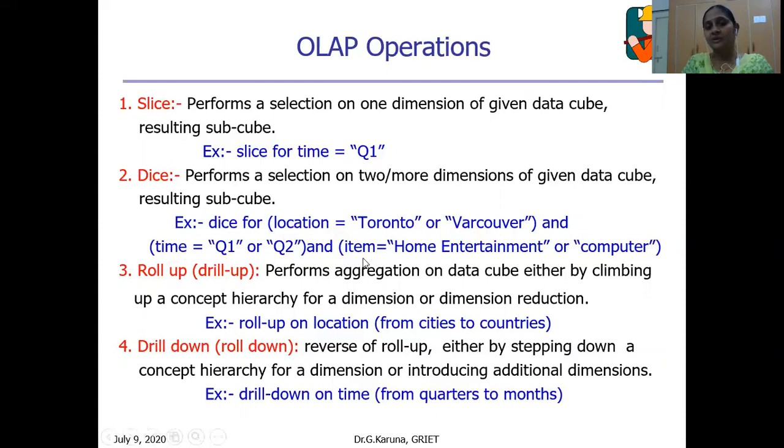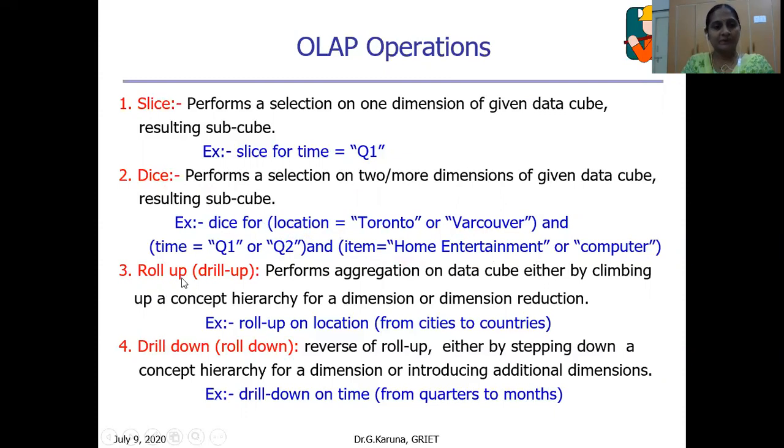I'm also taking a third dimension, item, because it is 2 or more. So 3 dimensions we are considering: location, time and item. That's what a dice operation is. I would like to select only 2 cities, Toronto and Vancouver, and only 2 quarters, Q1 and Q2. I don't want Q3 and Q4 results. And similarly, only 2 items instead of 4 items in the given AllElectronics example.